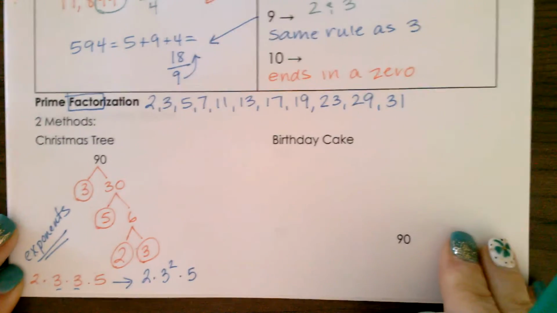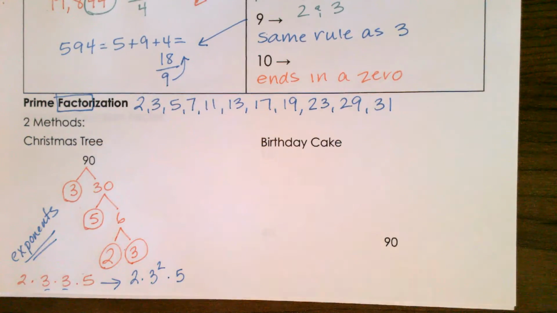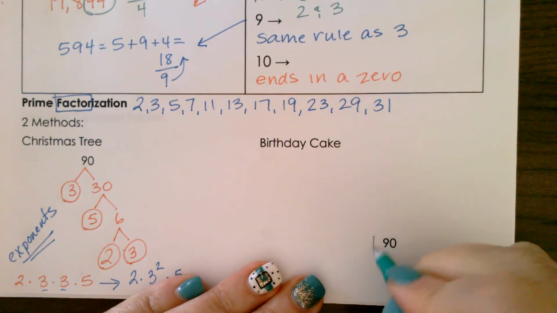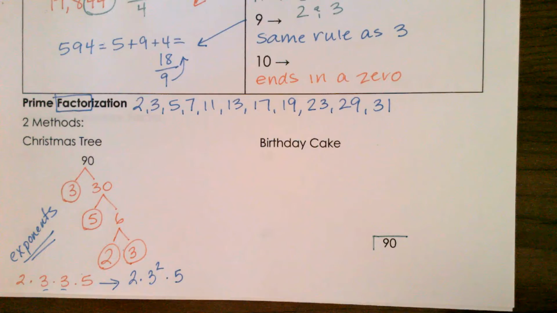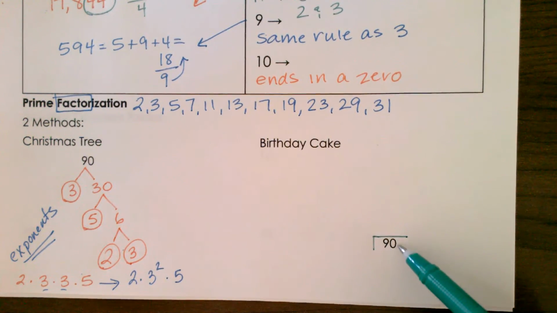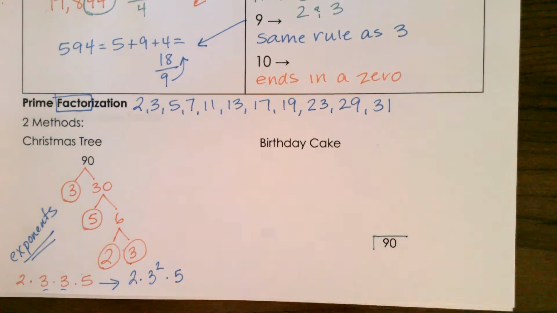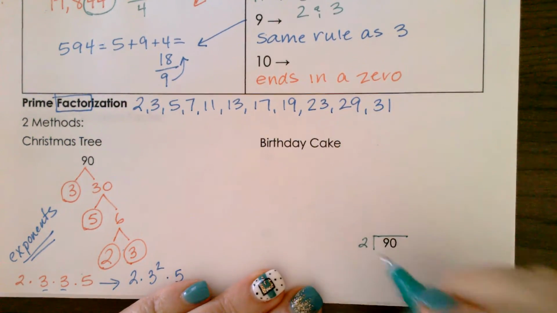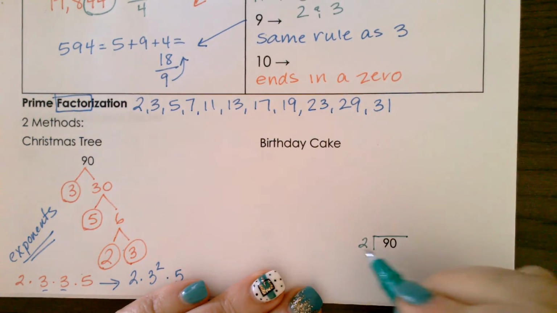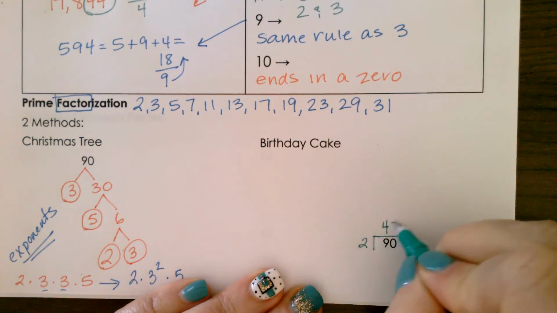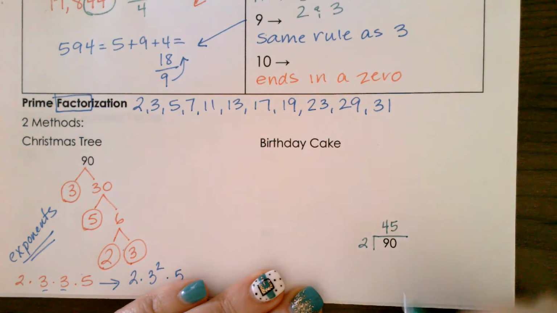The next way of approaching these problems is to do what's called the birthday cake. This is the bottom tier of the cake. I need a number that goes into 90 that is prime. We can only pull prime numbers out. Well, I can divide by 2 pretty fast. So I'll take 2 out, leaving me 45. Okay.